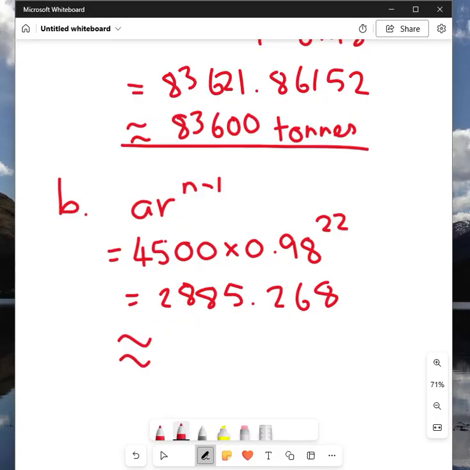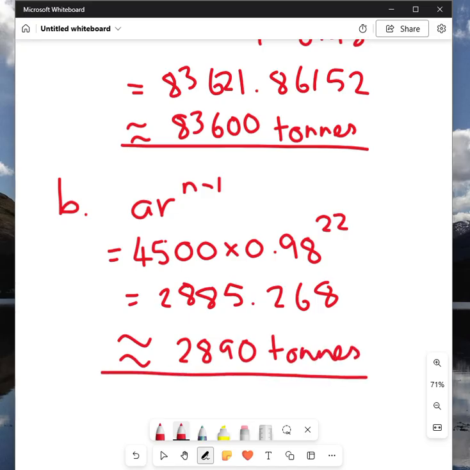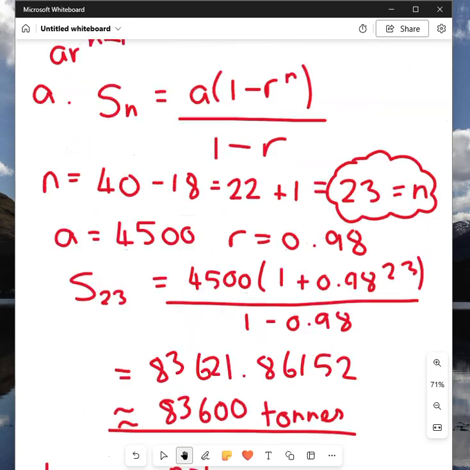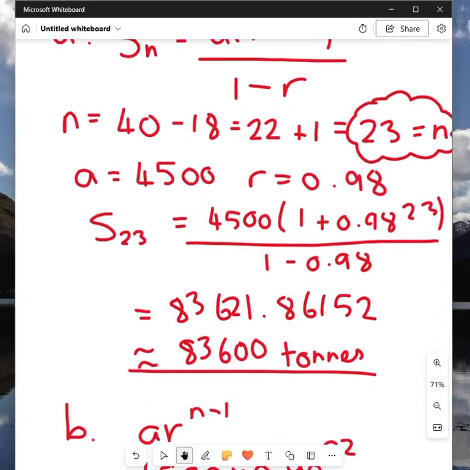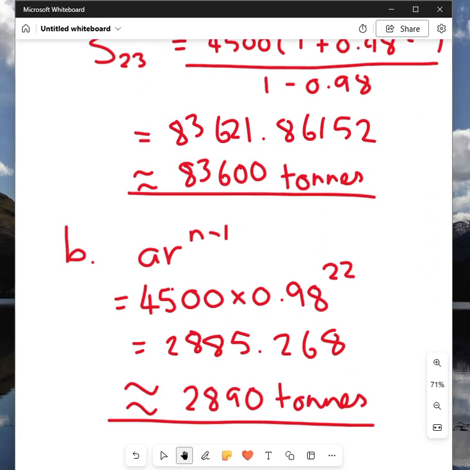So to 3 significant figures, that is going to be 2890 tons. So that's all it was. So you can honestly think about it like compound interest, but it's just a geometric series. And as long as you identify that, I think the question is quite accessible.